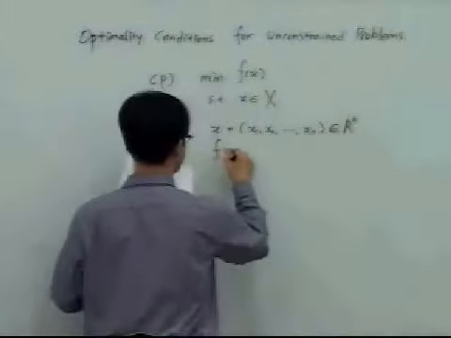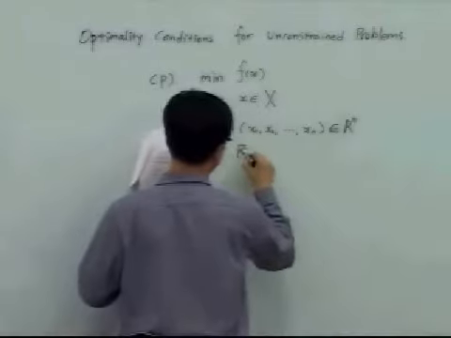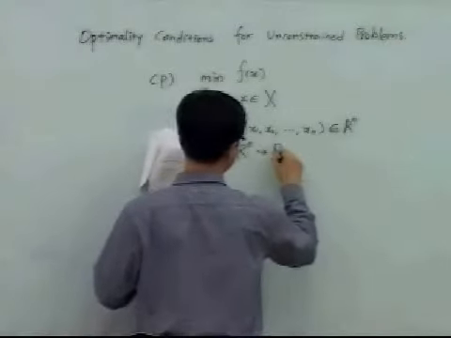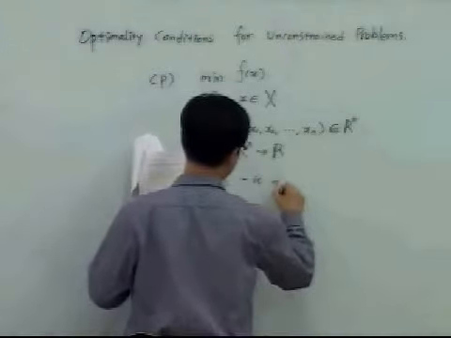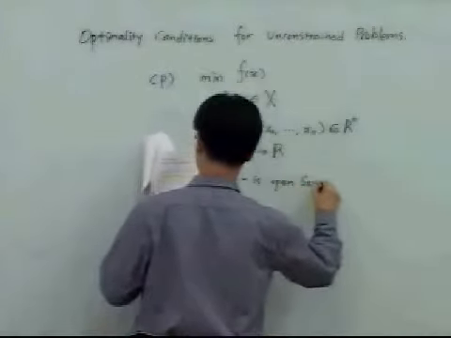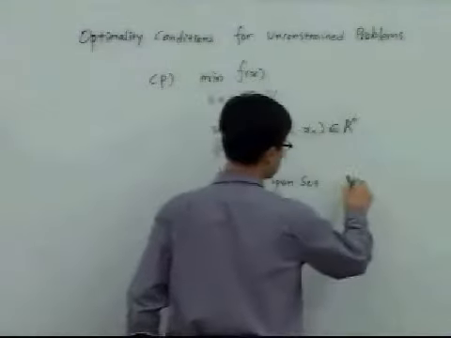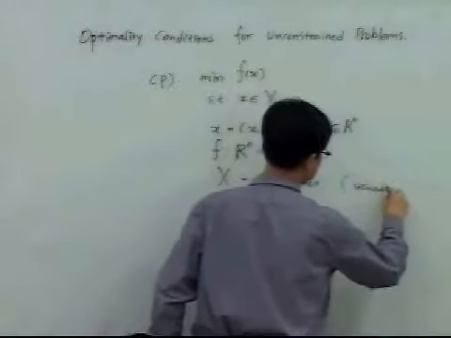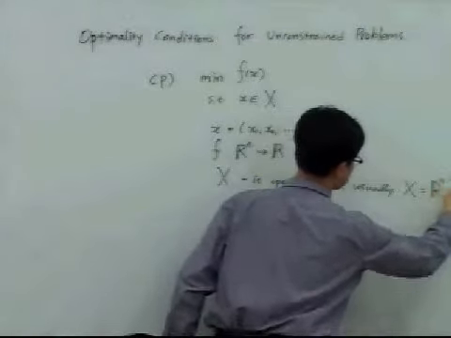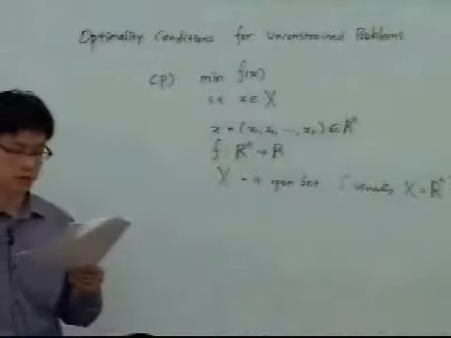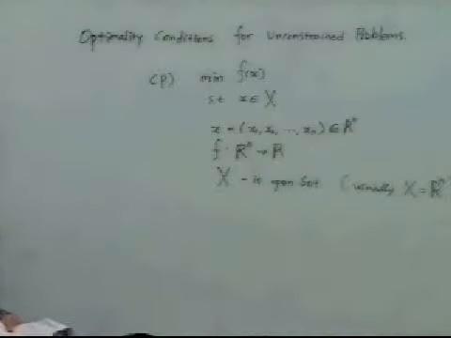F is a map from n dimension to real, and X is open set. Usually, X is equivalent to R-dimensional real space. This is the most simple unconstrained optimization problem, right?